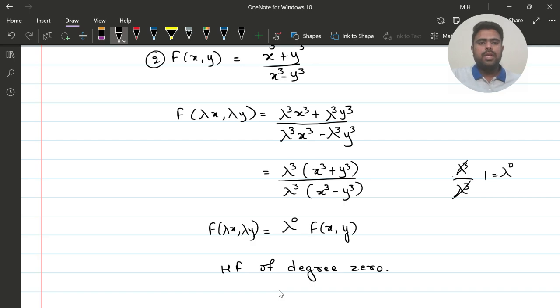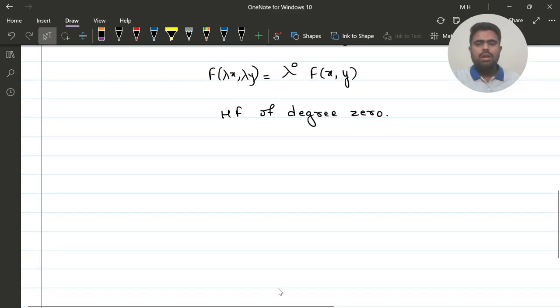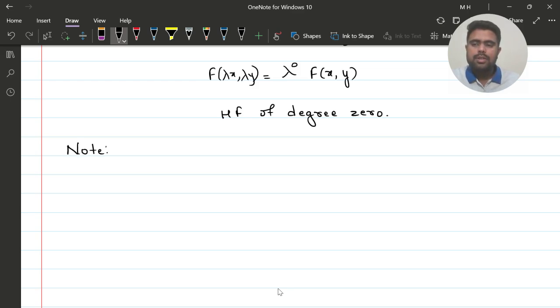So this is how we can check whether the given function is a homogeneous function or not. Now there is an important property of a homogeneous function. I will just write it down as a note.